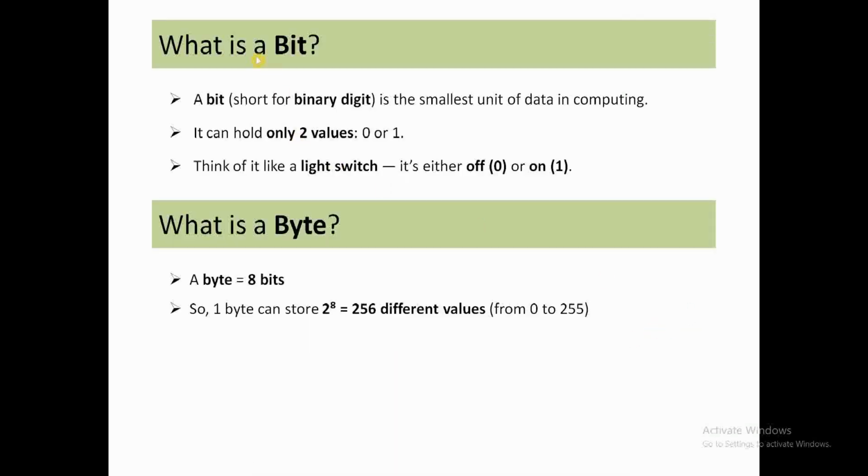Next we have a concept: what is a bit and what is a byte. A bit, short for binary digit, is the smallest unit of data in computing. It can hold only two values, 0 or 1. Think of it like a light switch. It's either on or off.